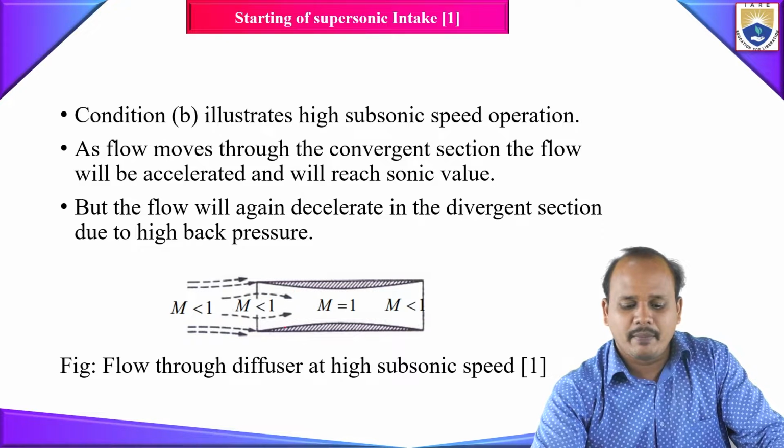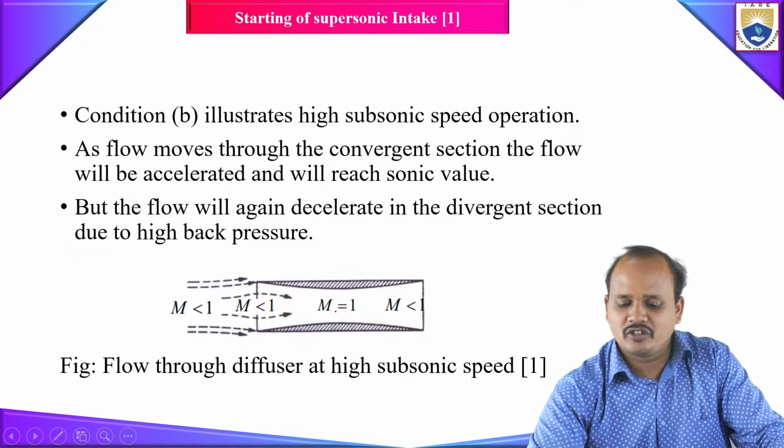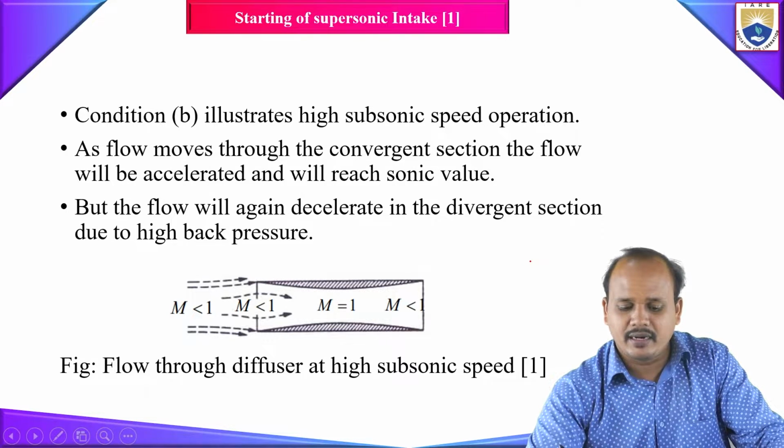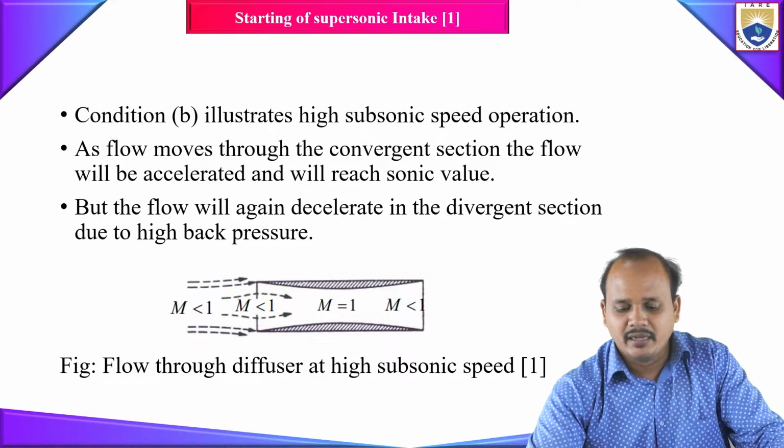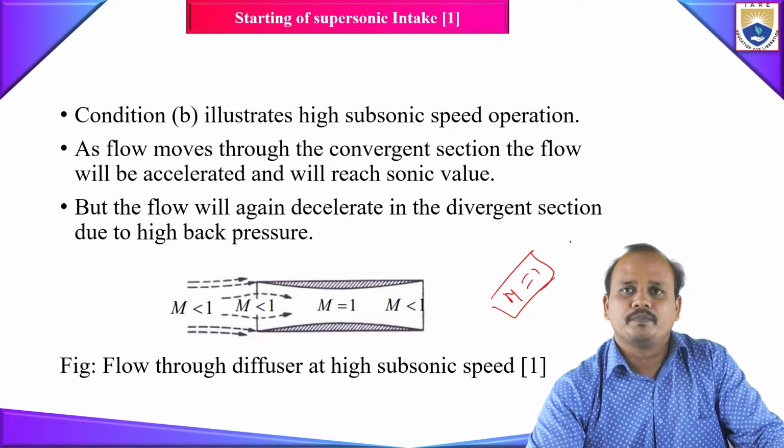So what is going to happen is that when the flow is subsonic, when it enters the convergence section, your flow will be accelerated. Okay, since the inlet Mach number itself is very high, by the time it reaches your throat location, your Mach number M will be equal to 1.